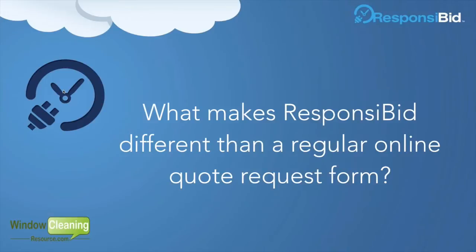So ResponsiBid is focused on taking a lead, someone who's just interested, and converting them into a customer, and it drives to that point of booking. It will also tell you which of your campaigns and advertising dollars are working the hardest. If you look at your advertising dollars as little soldiers, it tells you which soldiers are working and which ones are just getting mowed down out on the battlefield every day.